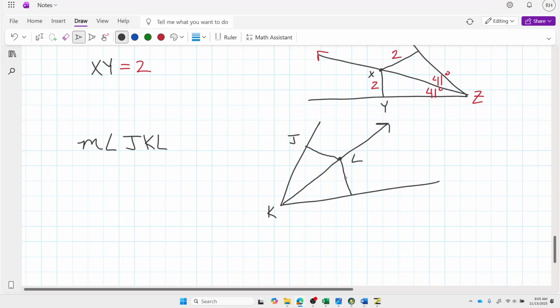Here's what you're given in this picture: the distance from the left side of the angle to L is the same as L to the right side of the angle.